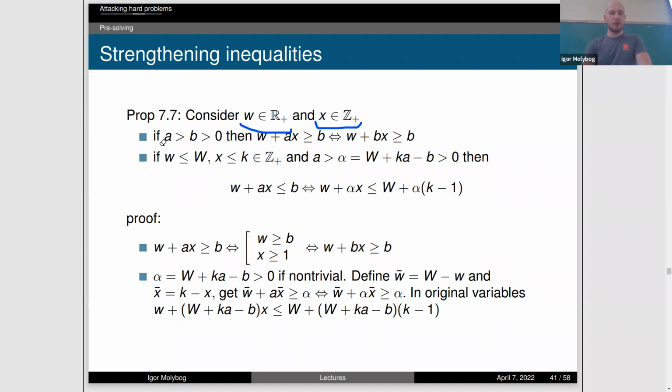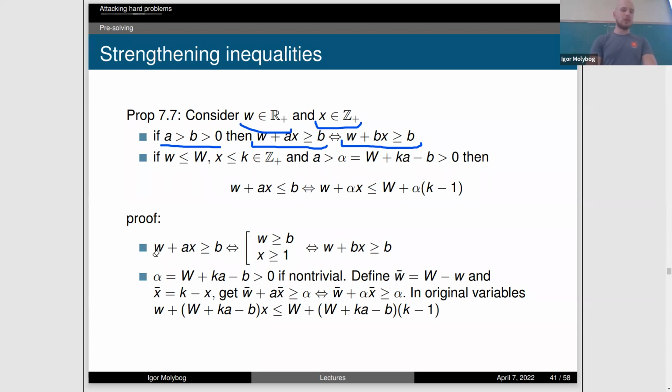So the proposition consists of two parts. First, if a is greater than b greater than 0, then an inequality of this form, w plus ax is greater than or equal to b, is equivalent to the inequality saying that w plus bx is greater than or equal to b. Let's take a look at how to prove this.